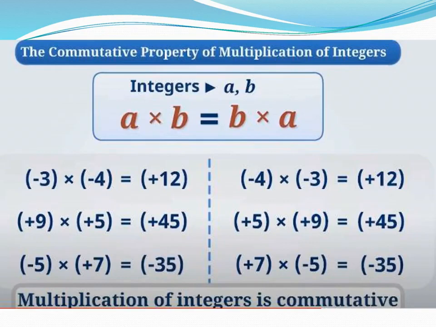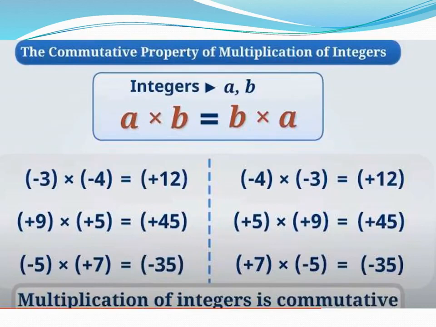Suppose we take some examples. We take minus 3 and minus 4, two integers, and multiply them. The product is 12. Suppose we change the order: minus 4 into minus 3, and the product is also 12. Second example: we take 9 and 5, and the product is 45. Changing the order, 5 into 9, we get the same product, 45.